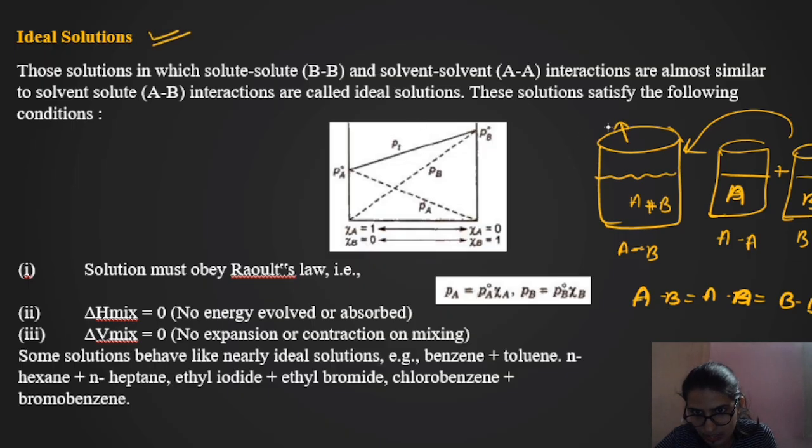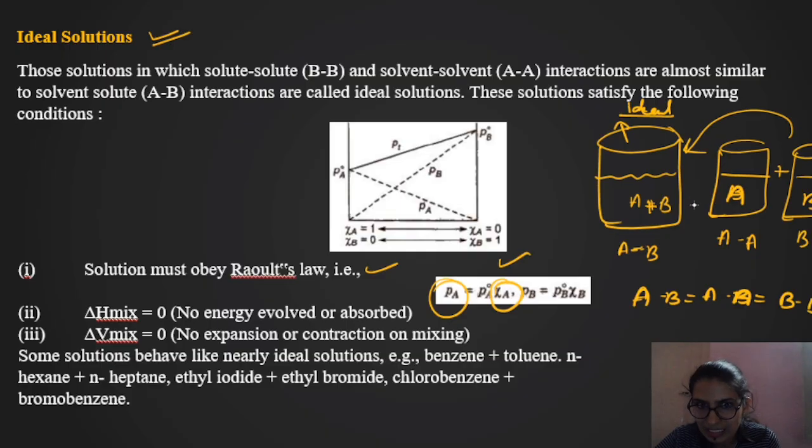So I will call this ideal. And we have a few more conditions, not just this. It should follow Raoult's law also. And what does Raoult's law say? Partial pressure of a component is directly proportional to its mole fraction. So this is also being followed.